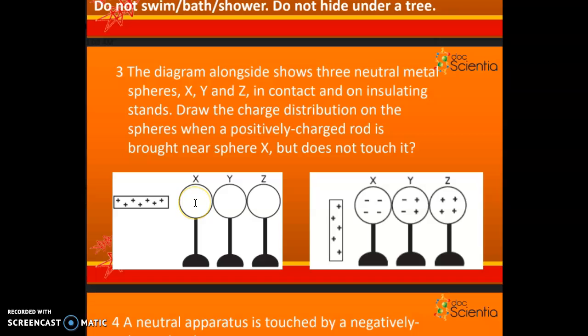And then the negative transfers over to this one, and the positive will transfer to Z. So 1 positive and 1 negative, and then half a negative and a positive.